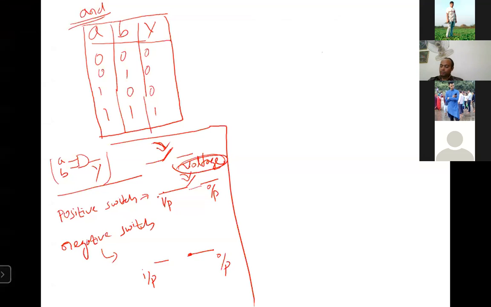So here, if I'm giving positive voltage, then it will be connected, and in the negative type of switch, if I give some negative voltage, then it will be connected. Okay, so let us say I have these two types of switch.